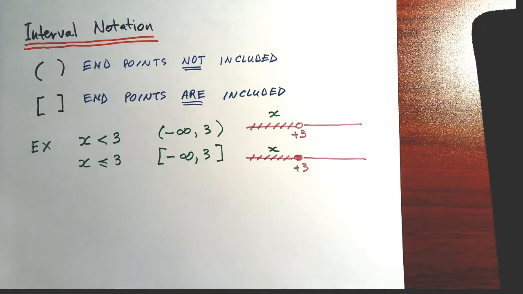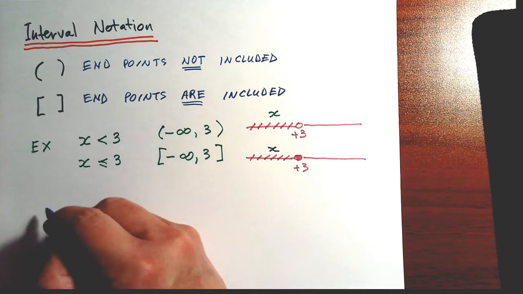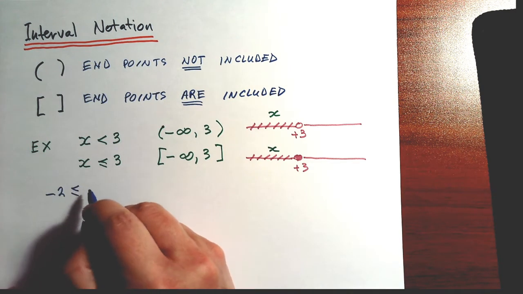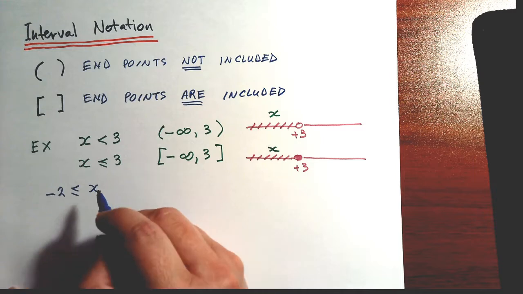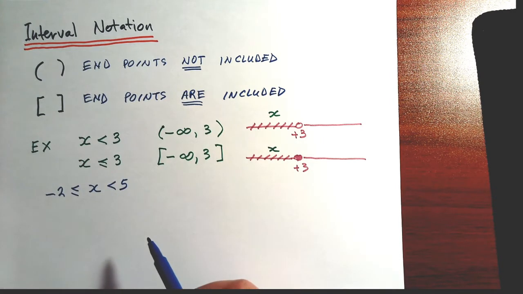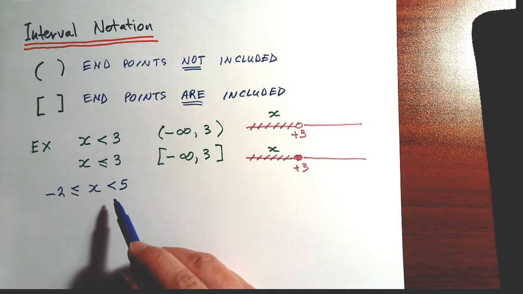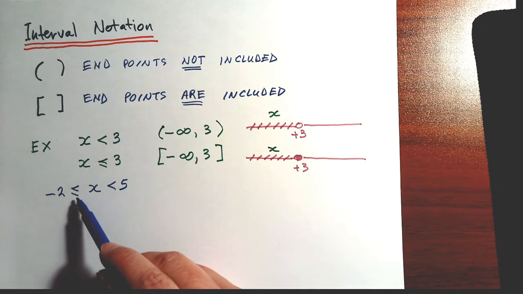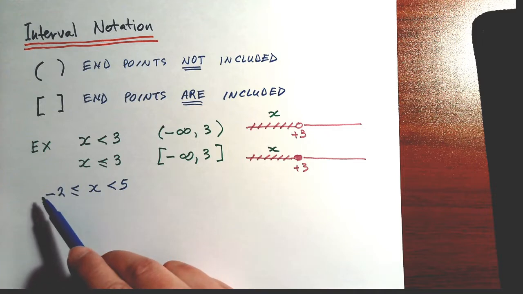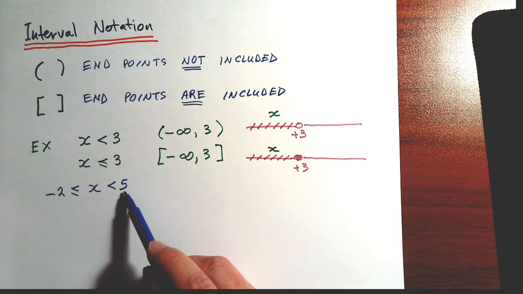Let's take a look at more examples. How about the example minus 2 less than or equal to x less than 5. So this looks interesting. In this case, we have a case where it's bounded by -2 and 5, and x is included in the -2, but x is not included in the +5.